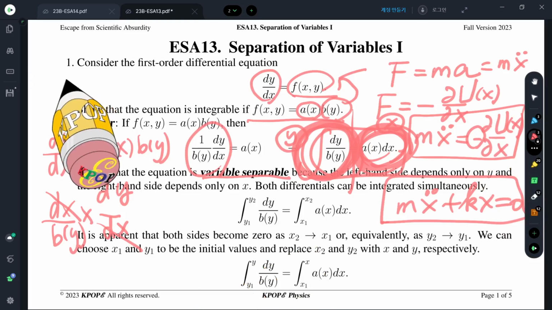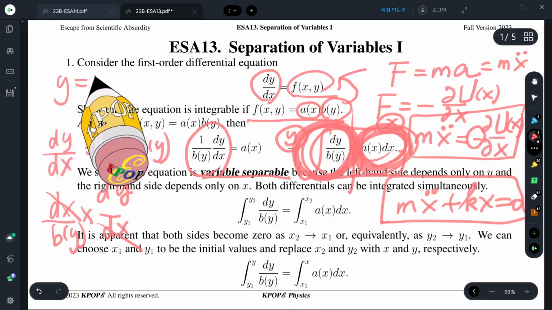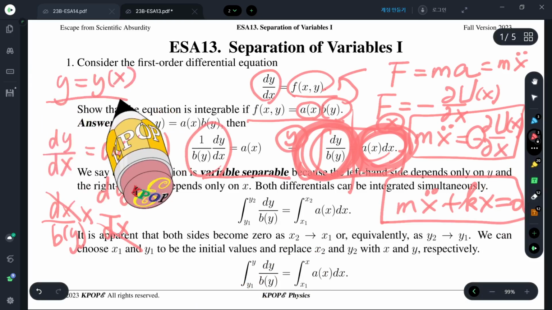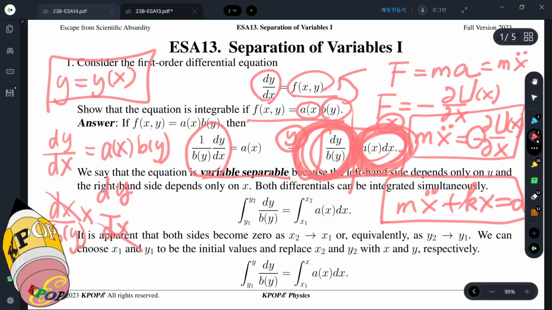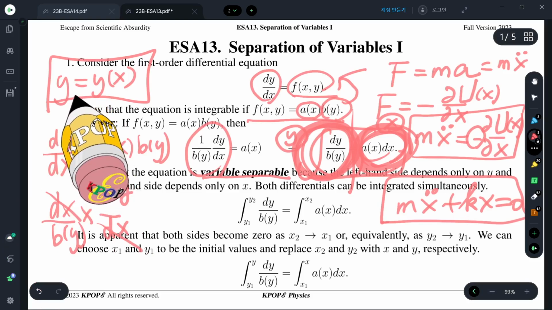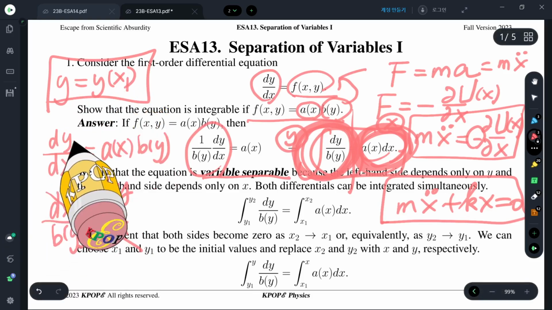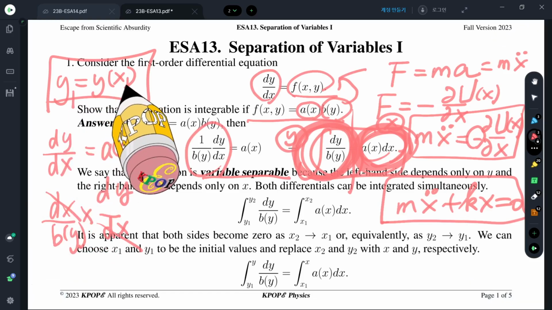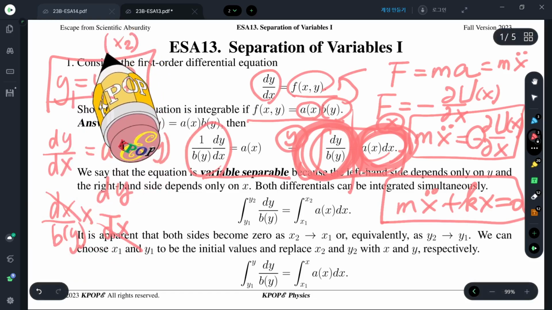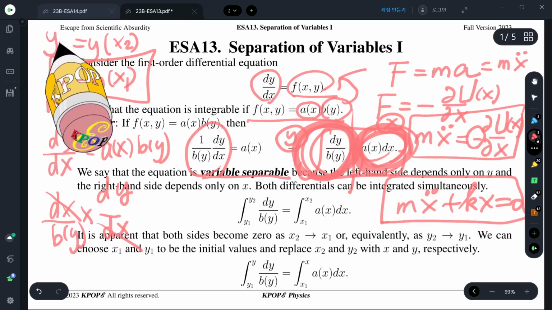For example, y equals a function of x. They are correlated. So if I substitute x1, then you will obtain y1. If I substitute x2, then you will obtain y2.